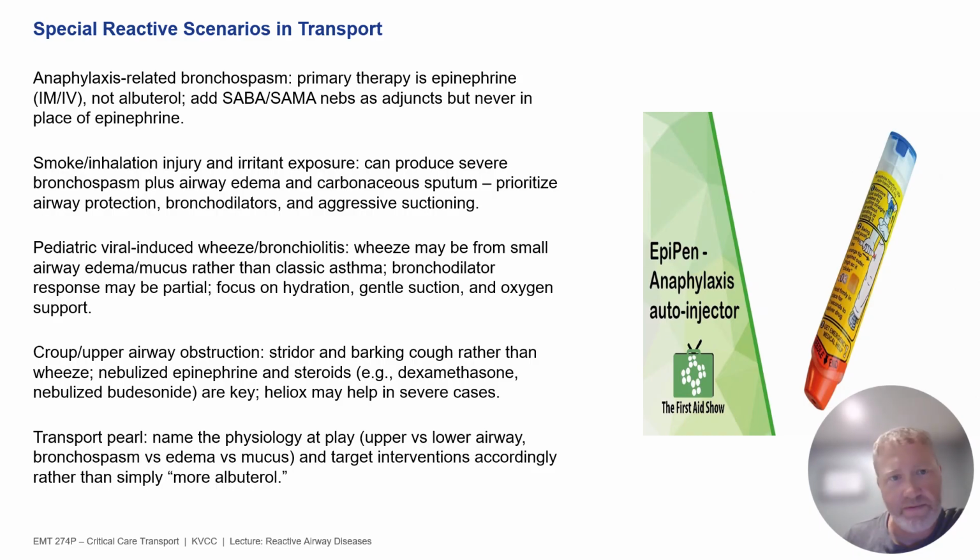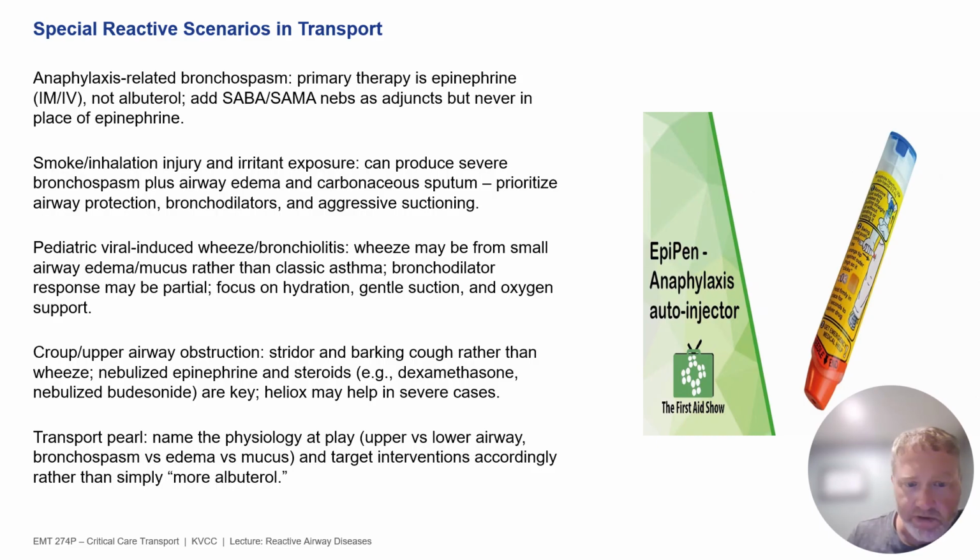Plenty of bronchiolitis kids get intubated and are on the ventilator for days. But understand that the root cause is swelling from the viral illness. That swelling causes the wheeze. Don't give them albuterol.